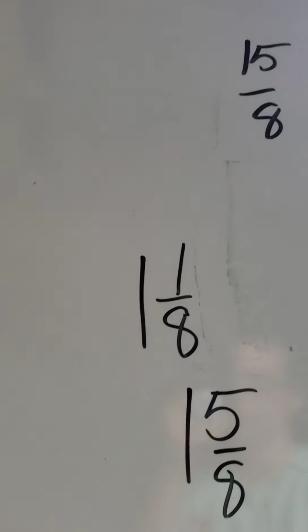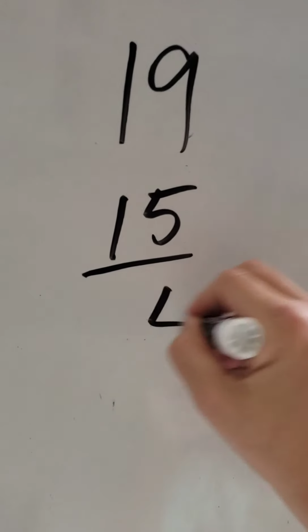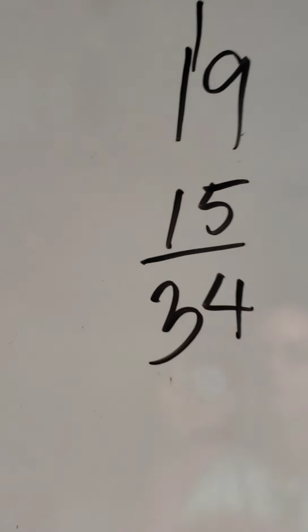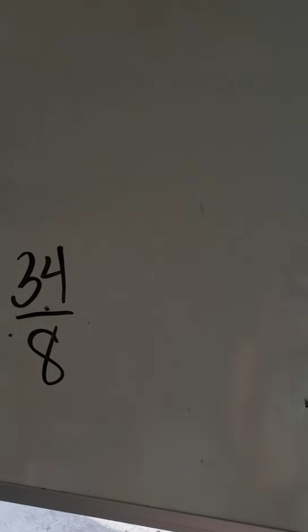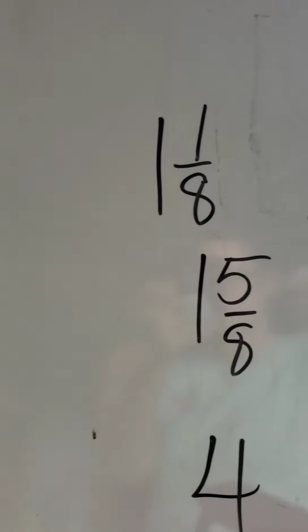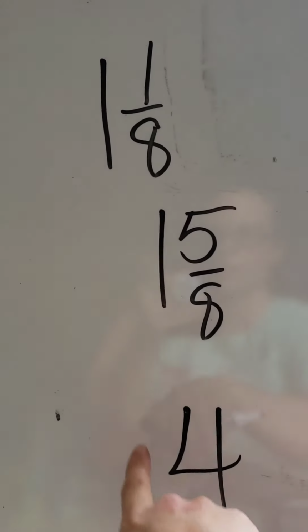Like I said, there's many ways to do this. This is just how I'm doing it right now. So 15 plus 19 is 34/8. These 8s, we can also just take these whole numbers away and put them into the 4.